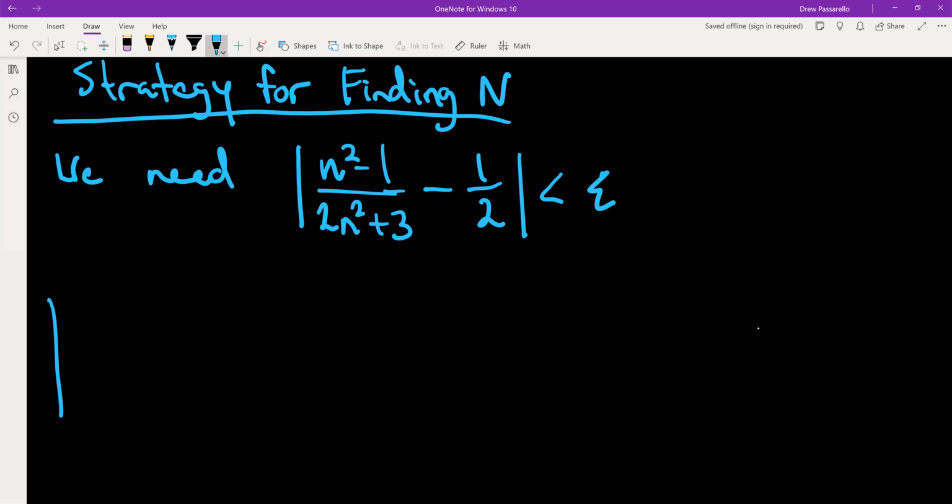So again, I'm going to combine this into a single fraction like in the previous problem.